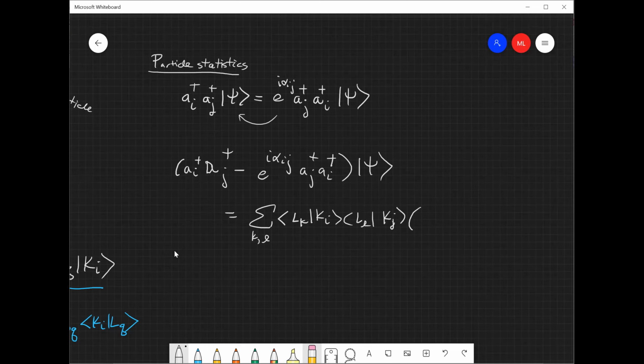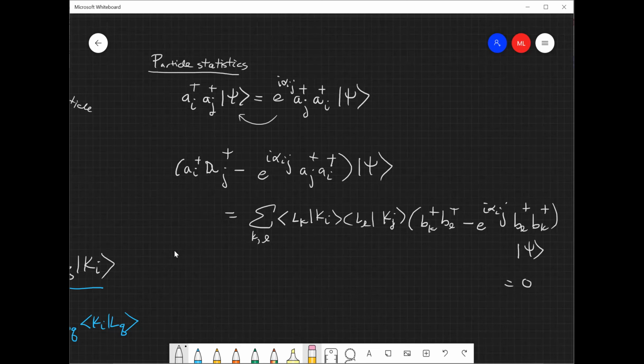And then you would have b_k dagger b_l dagger minus e^{i alpha_ij} b_l dagger b_k dagger, and of course that also has to equal 0.